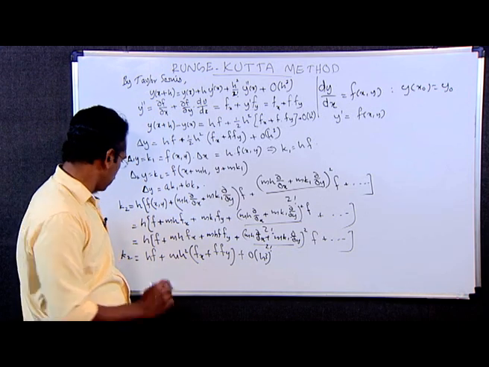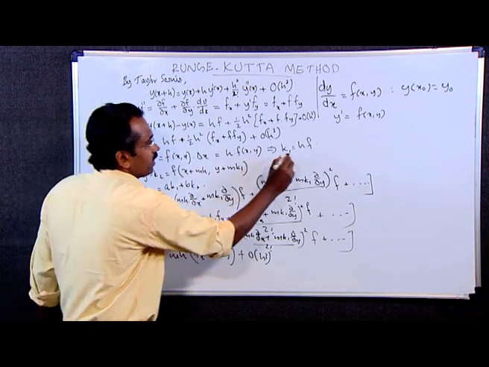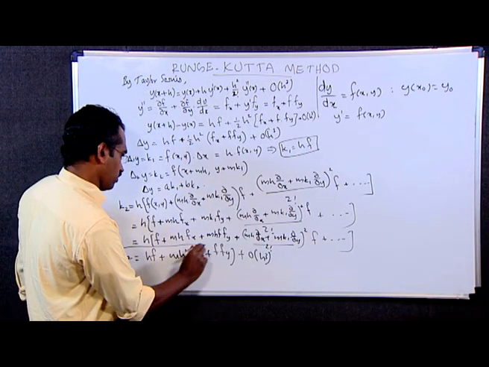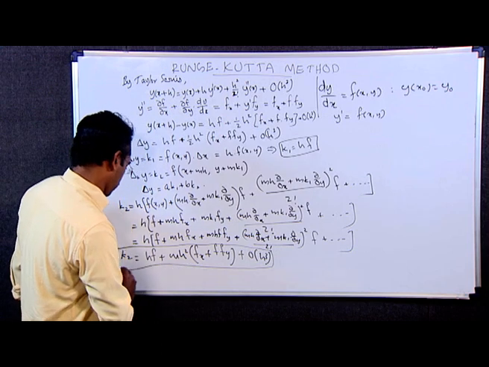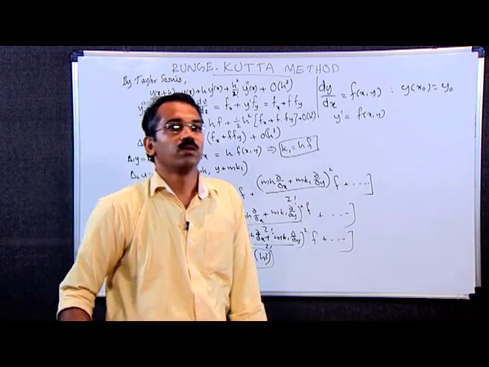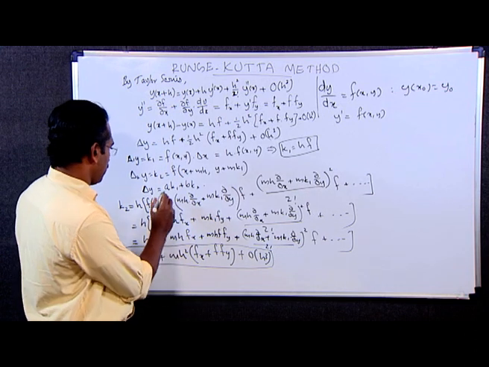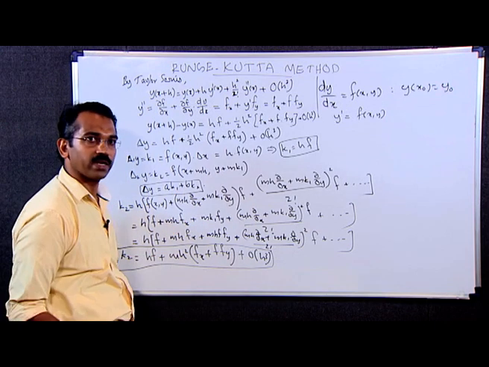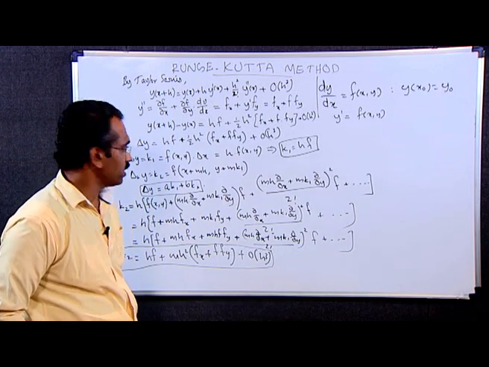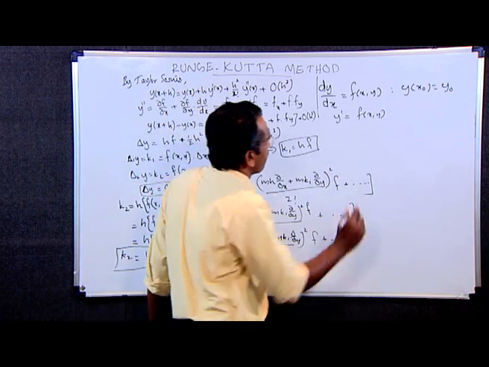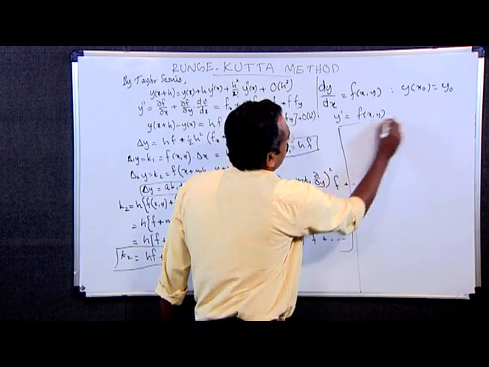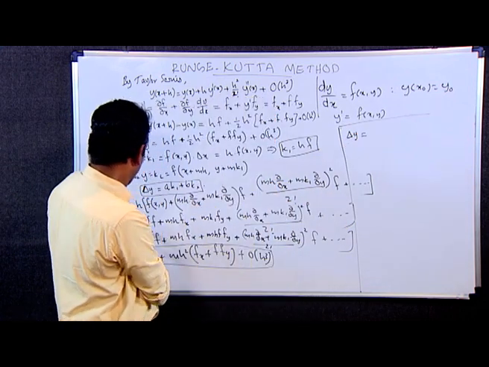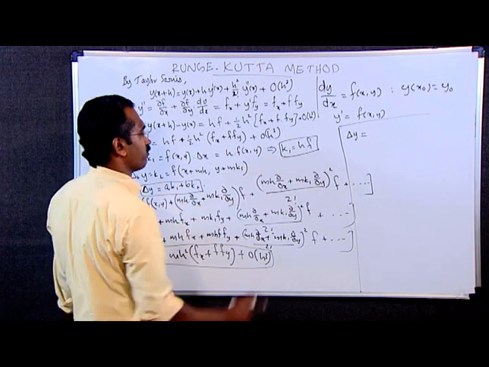Now, we substitute these values of K1 and K2. We get delta y as in this expression. For delta y we substitute K1 and K2, we obtain delta y is equal to a into K1, where K1 is h into f.